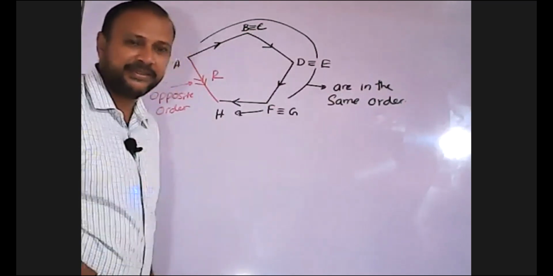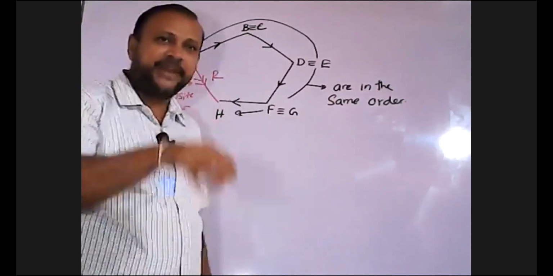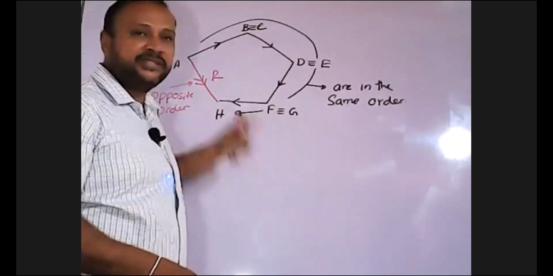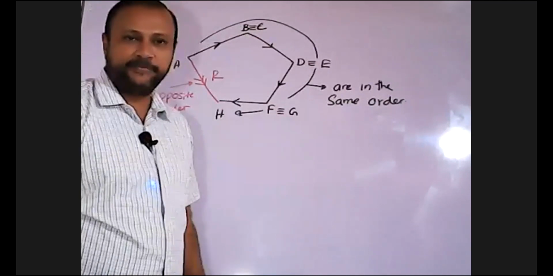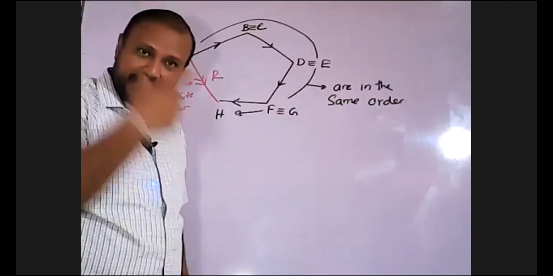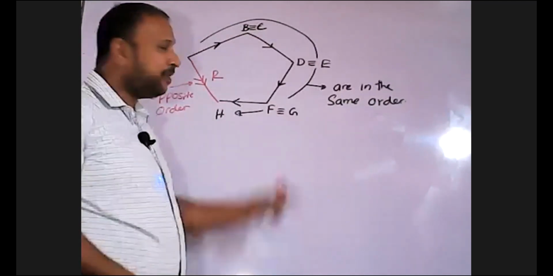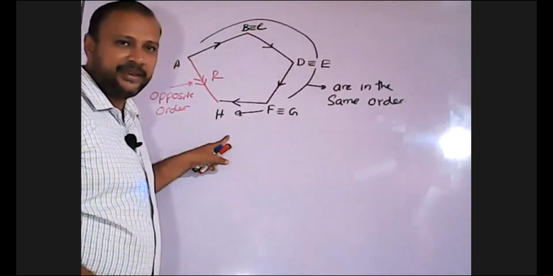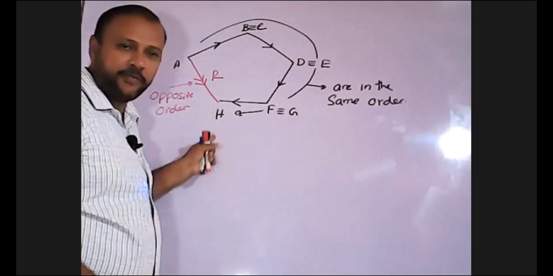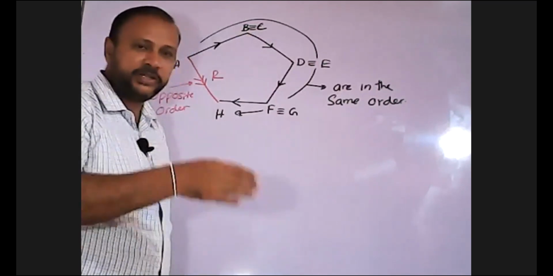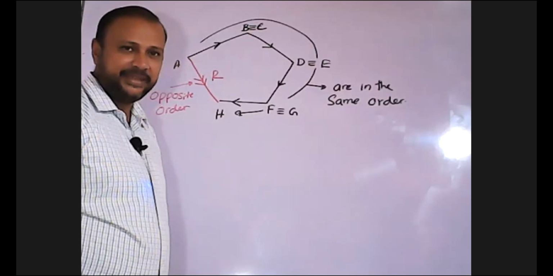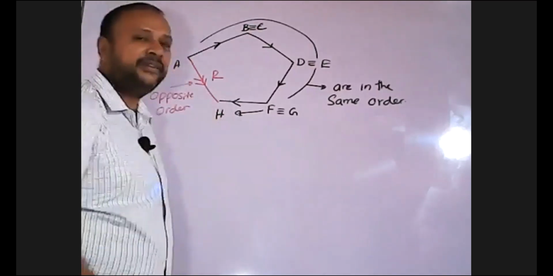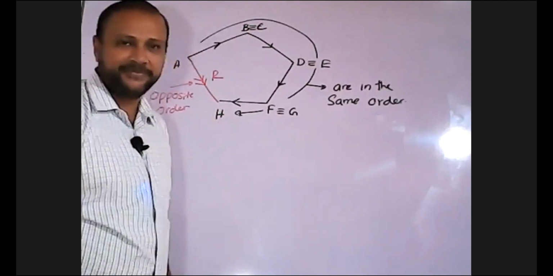Once we apply the theorem, this characteristic will be shown: all the vectors are in the same order, but the resultant is in the opposite order.